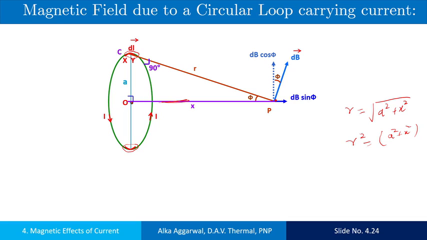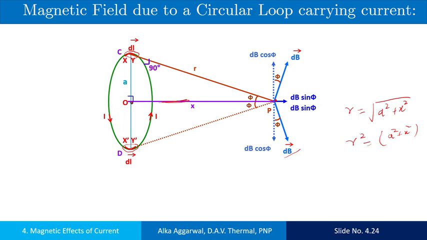As we change the current element, the direction of the magnetic field changes, so we have to resolve it into the perpendicular and the parallel directions. The magnetic field due to the second current element, which is at the diametrically opposite end, is the same, but its direction is opposite. Again, resolving this magnetic field into rectangular components.